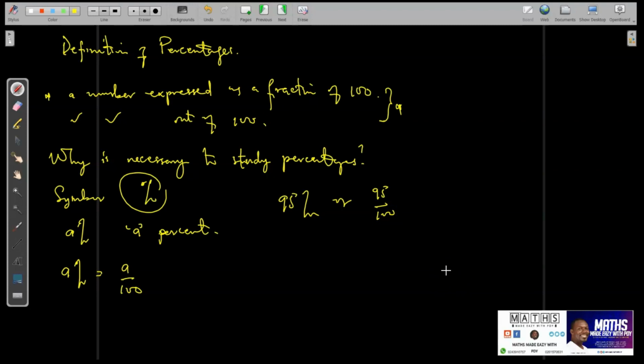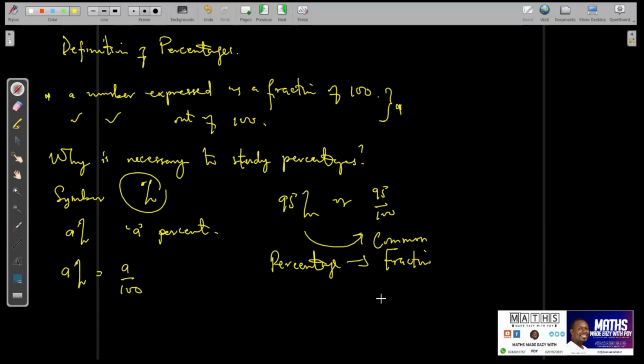So, what is the meaning between these two numbers? This means that you've expressed this number from the percentage state to what we call the common fraction state.